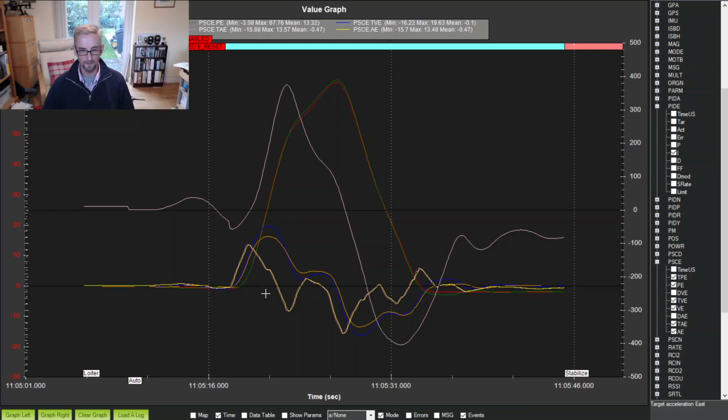Obviously I've got my waypoint limits set that relate to aspects of the position controller. I also have the angle limit set, which essentially determines the maximum acceleration that I can achieve. If you think about the angle of the copter, it's the forward component of the force that gives acceleration.